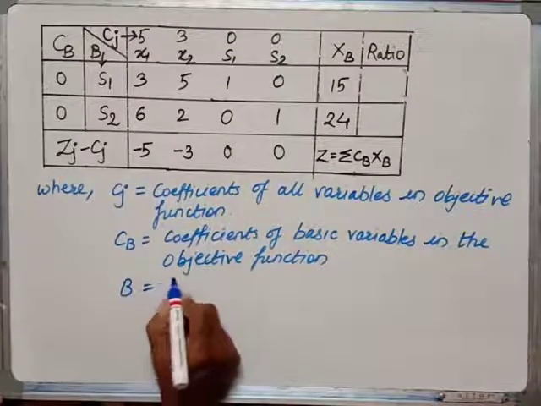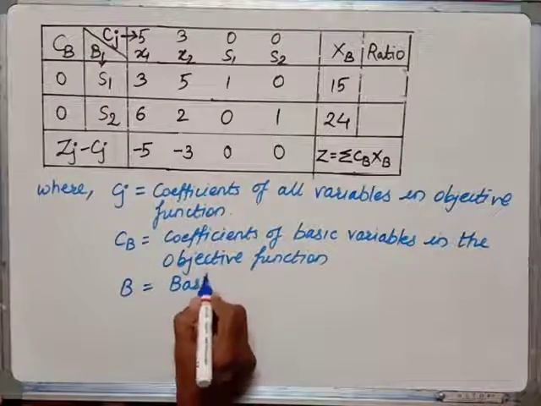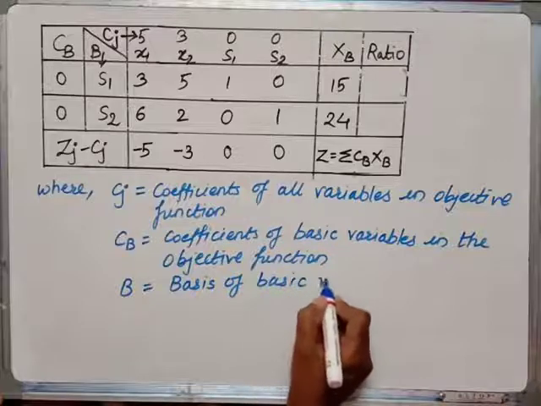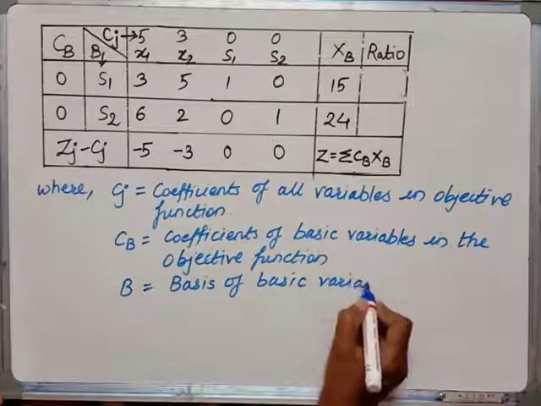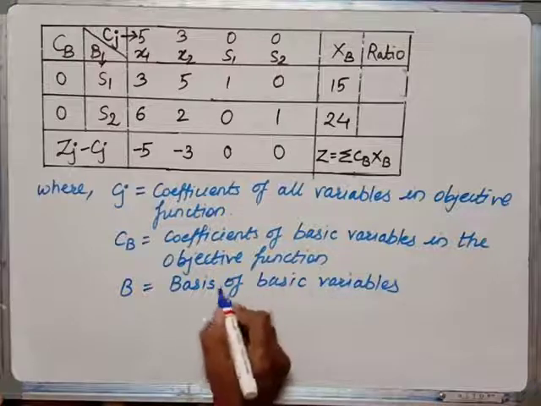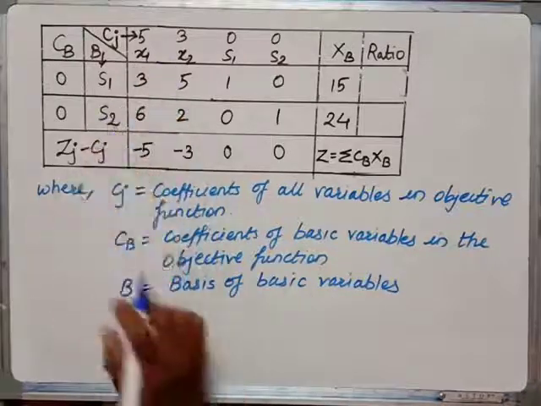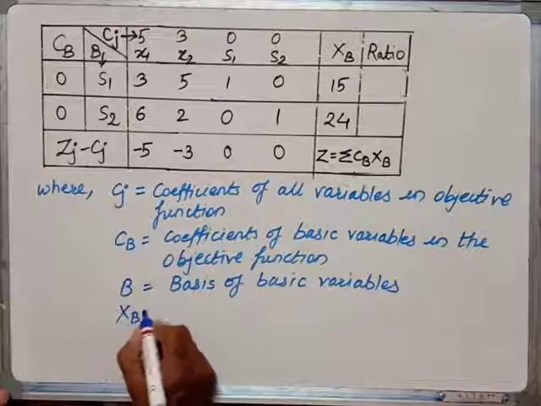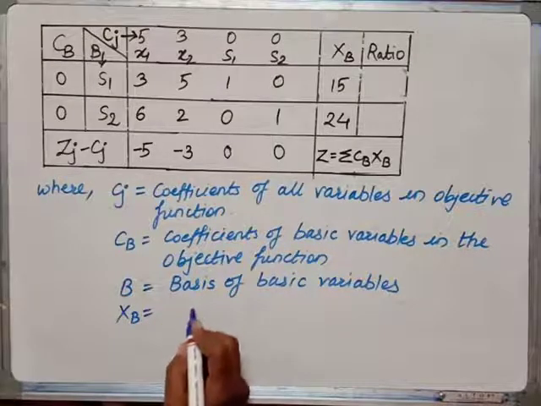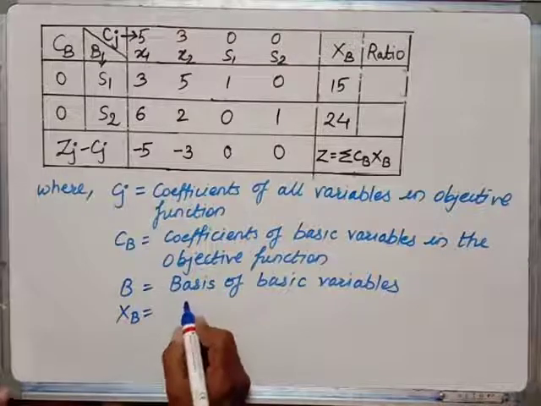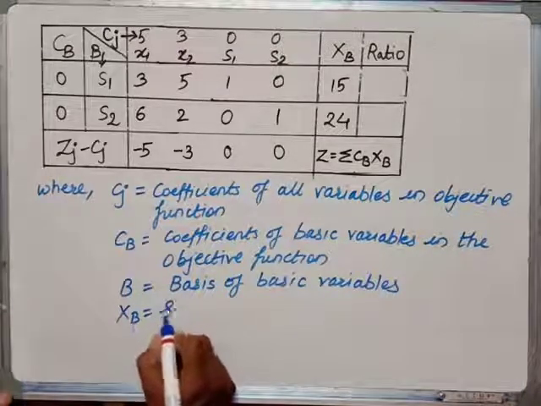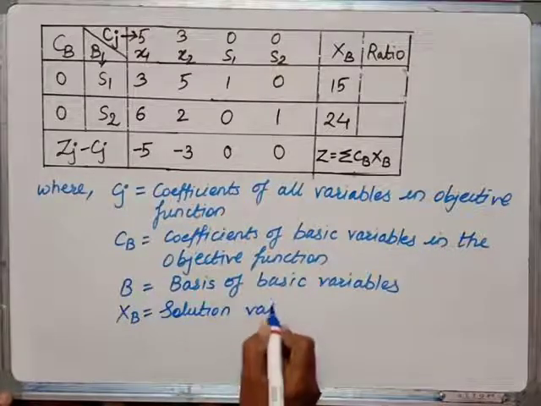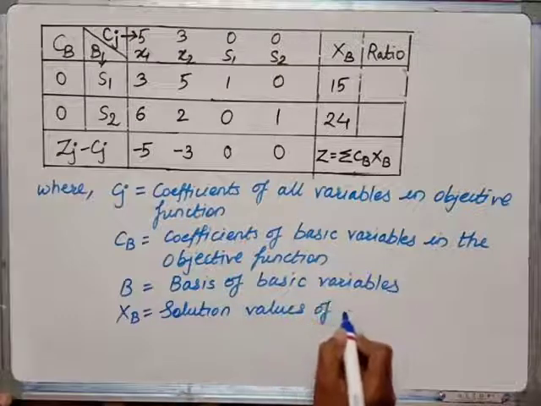This B is basis of basic variables. Clearly here x1, x2 are non-basic, so s1, s2 are basic variables. Those variables we are setting to 0, they are known as non-basic, and those not set to 0 are basic. So xb is the what?